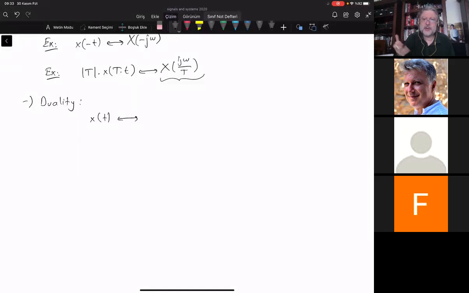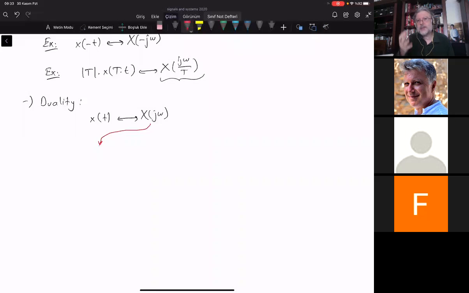You won't have to derive the Fourier transform of a rectangular box in the form of a sinc again and again in an examination. It is x of capital X of j omega. So this pair is given. Now, what you do is you take this capital X of j omega and assume that the axis is not omega, but it's a time axis.